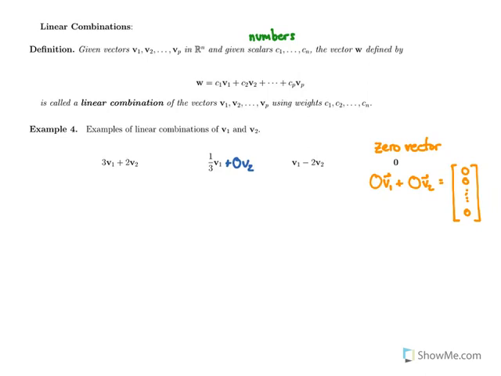If we think about v1 and v2, let's do an example. Let's say v1 is the vector 1, 2. Let's say v2 is the vector -3, 1.